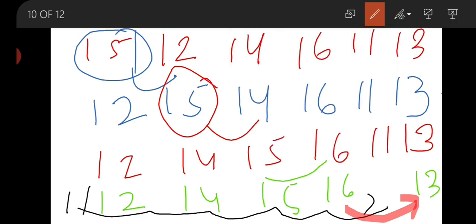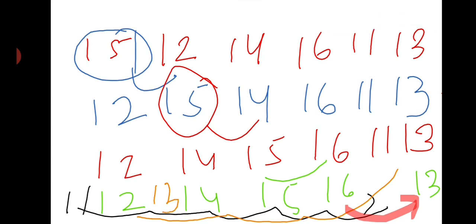Now 13 is less than 16. Similarly, 13 is less than 15, 13 is less than 14, and 13 is less than 12. Then 13 will take the place after 12. Now you can see that you get the sorted array 11, 12, 13, 14, 15, 16. Now sorting is done. This is the insertion sort.